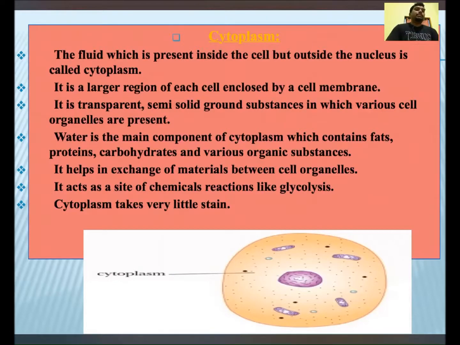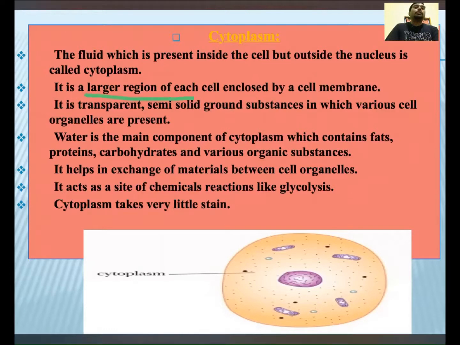Cytoplasm is the fluid which is present inside the cell, but outside the nucleus. The fluid present inside the nucleus is called nucleoplasm, and the fluid present outside the nucleus but in the cell is called cytoplasm.